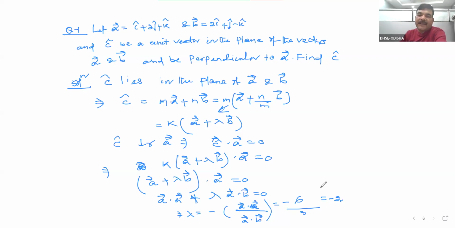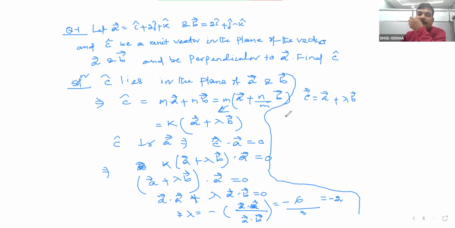So vector C can be taken as, quickly note it down. C is equal to A plus lambda B. What is A?